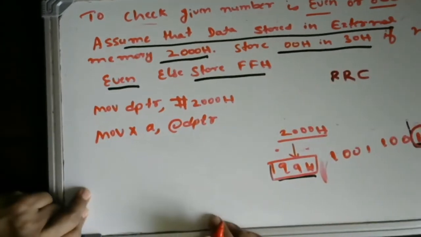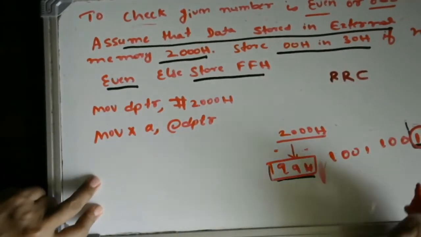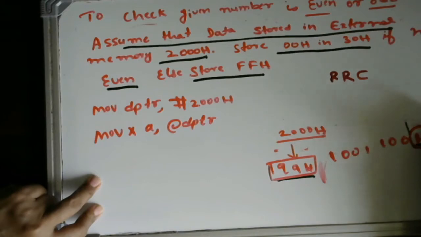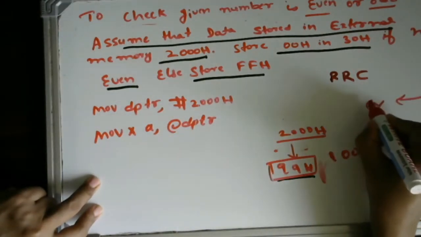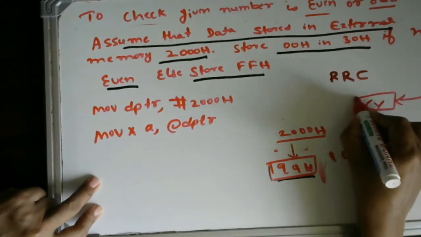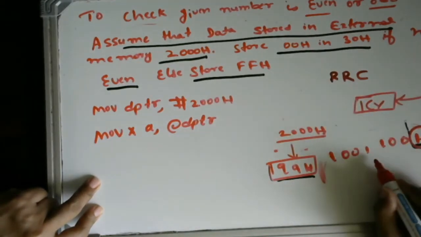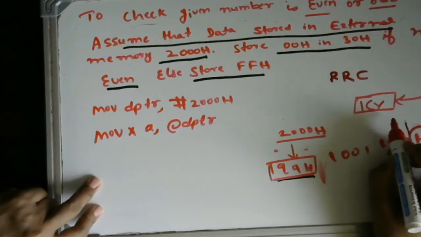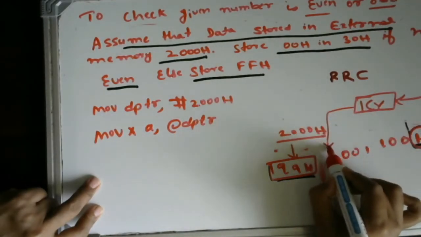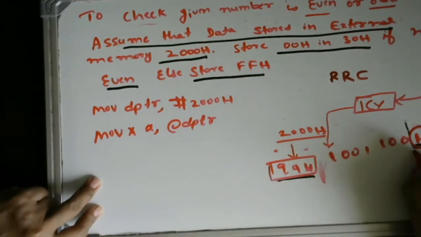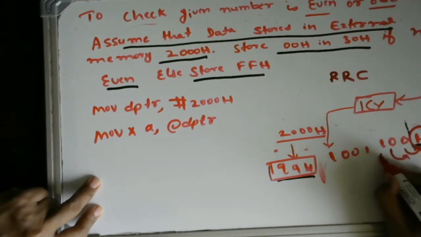What this instruction does is move the LSB bit of the given number into the carry flag, and whatever was in the carry flag comes to the MSB. That means D1 moves to D0, D2 moves to D1, and D3 moves to D2.